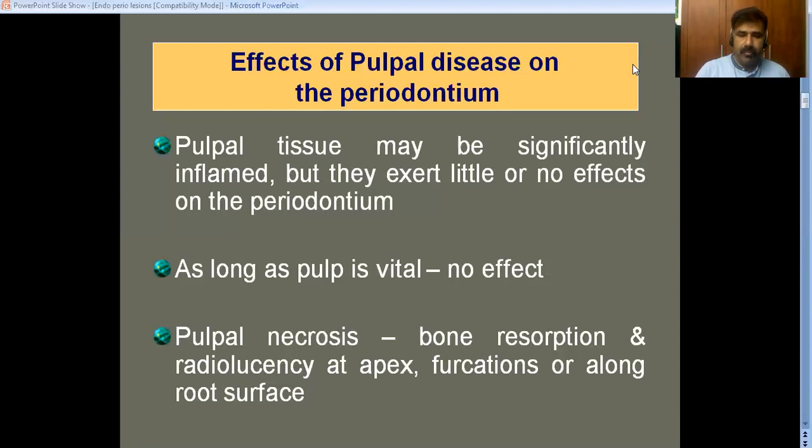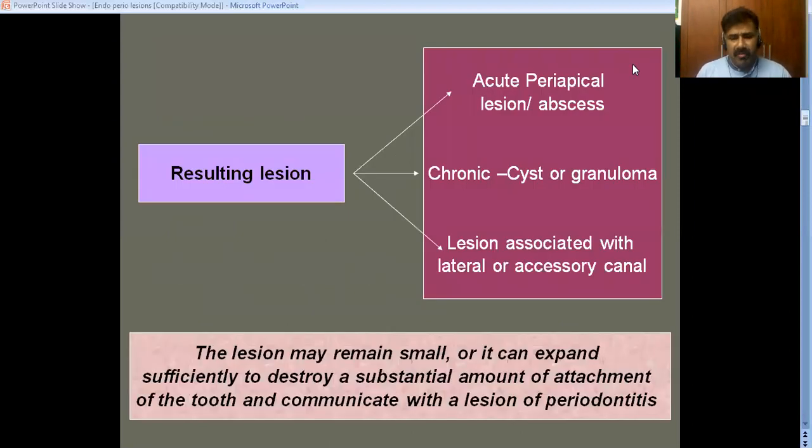Usually it may extend beyond the confines of the root canal system and can result in a periapical abscess. Sometimes it becomes too chronic and forms a cyst or a granuloma. Sometimes it is associated with a lateral lesion also, where you may see some lateral radiolucency.